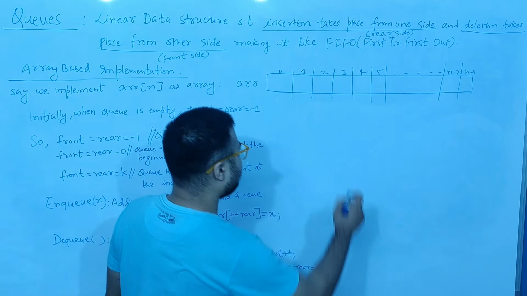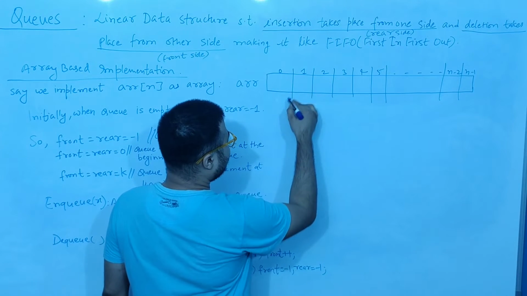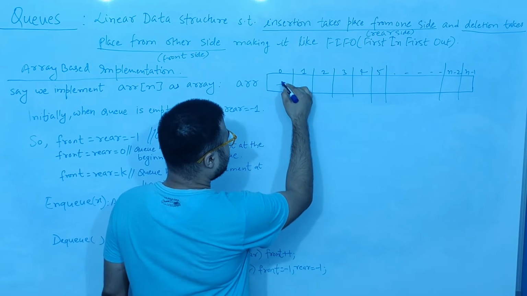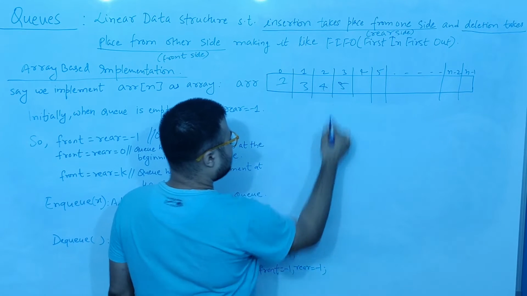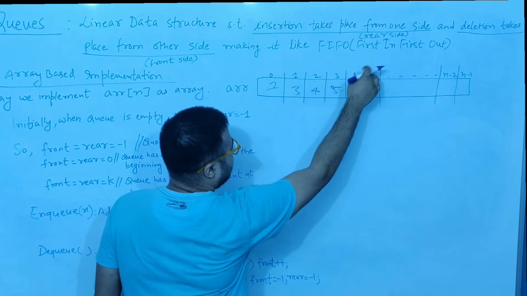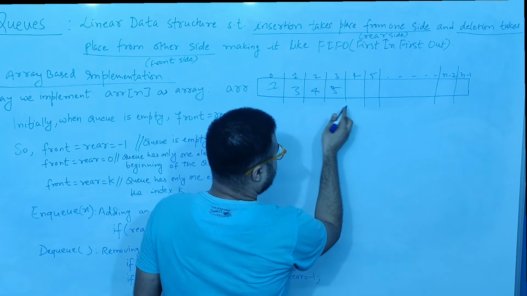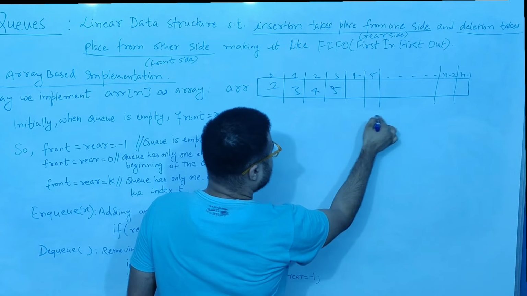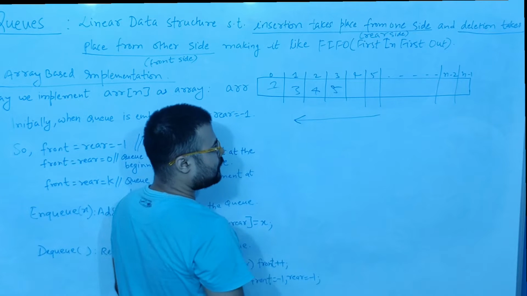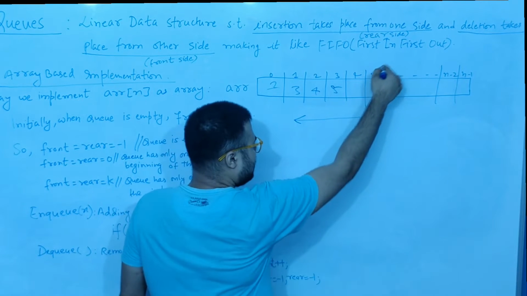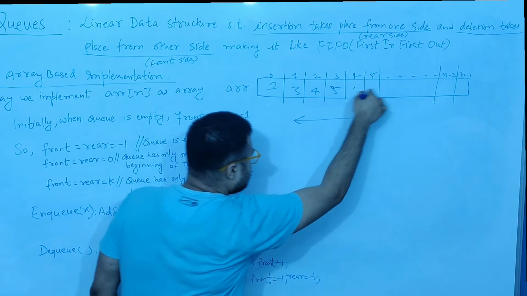So for example, at any point of time, if your queue is filled, let's say 2, 3, 4, 5, and insertion is happening at this end, this is the direction of your queue. Insertion will happen from here.